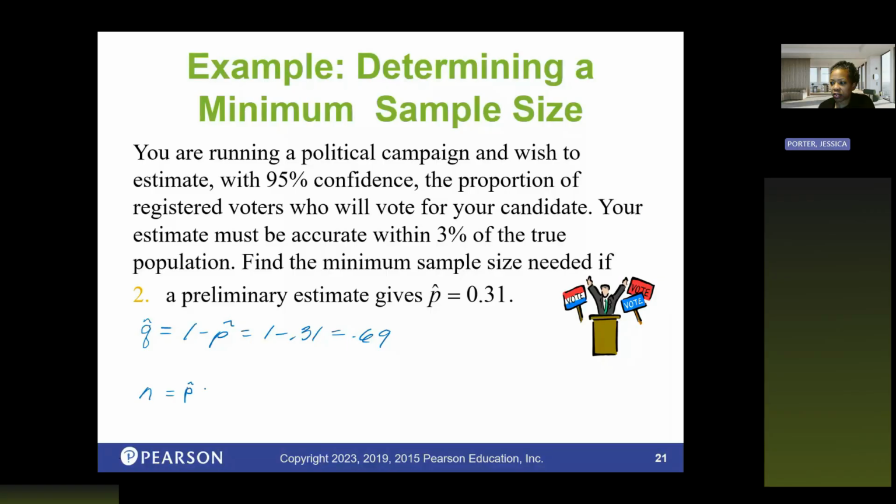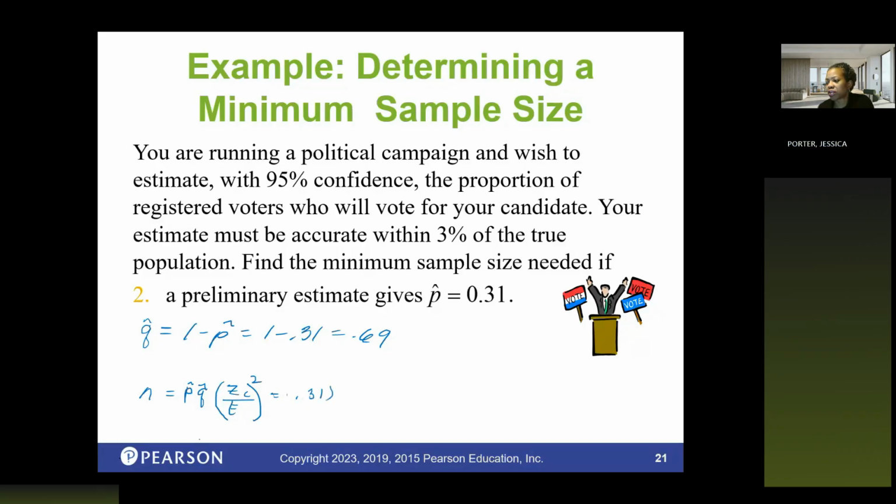P hat times Q hat, oh, not the square root, Z critical all over the standard error. That looks all messed up. I'm going to fix that. E critical over the standard error, squared.